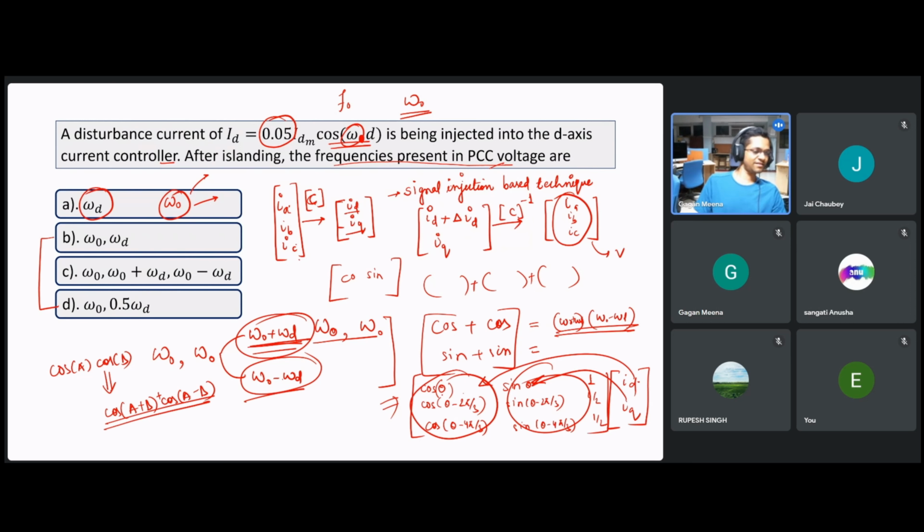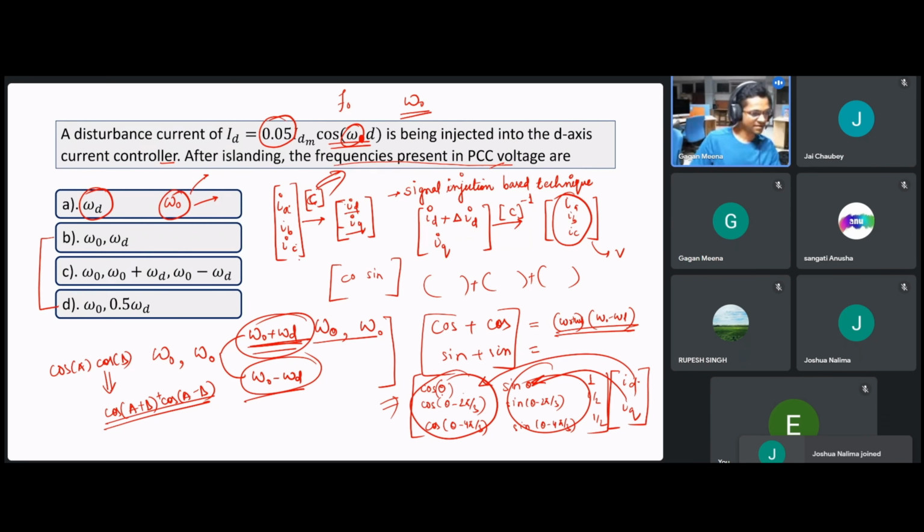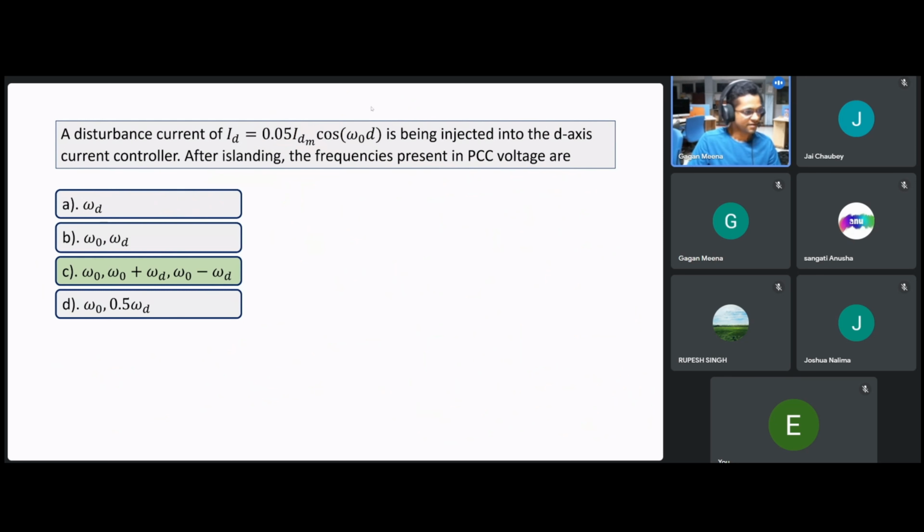That is why we are getting these omega naught plus omega d and omega naught minus omega d components. This is all because of the transformation from ABC to DQ frame. When we study grid forming converters, we will discuss this again, and these transformations will be clear.